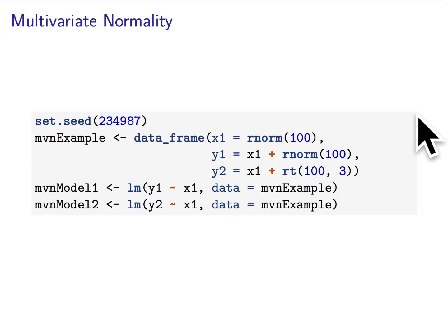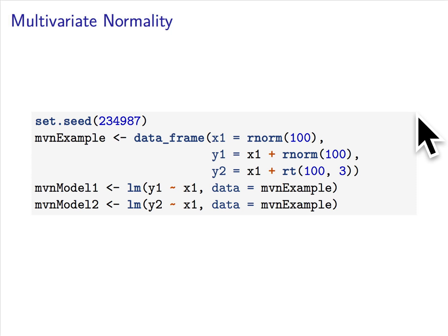Now, for the multivariate normality assumption, there are a couple ways that we can look at normality. The Shapiro-Wilk test for normality will give you a quantitative measure of whether your results are normally distributed. And the QQ plot will give you a graphical way to see what's going on with your residuals. We're going to fit two models here to show good and bad examples.